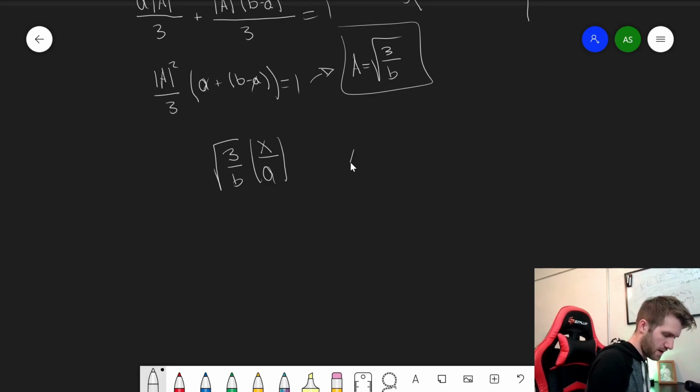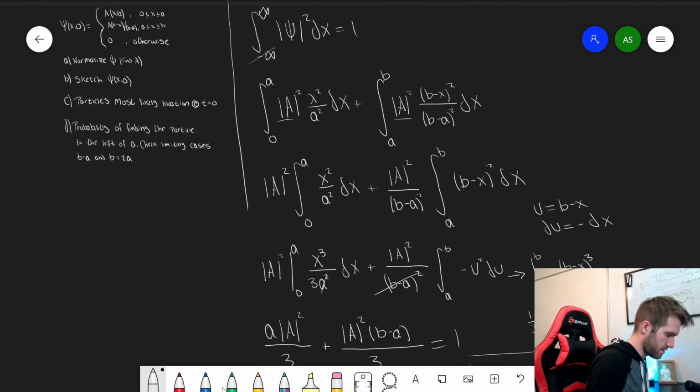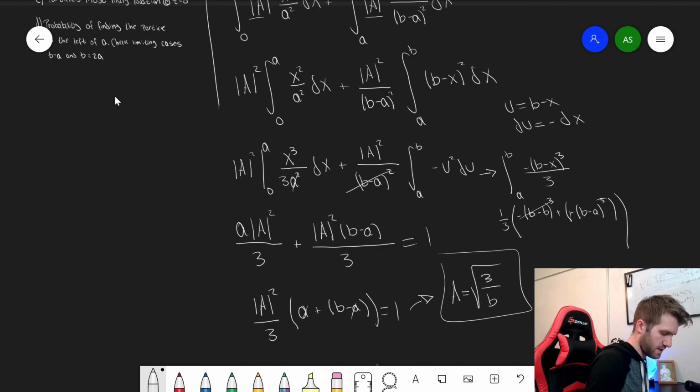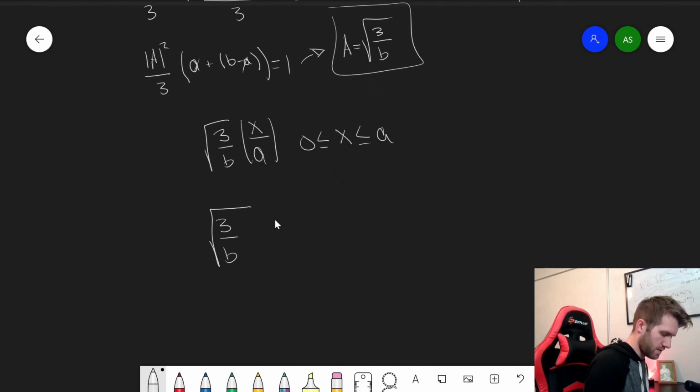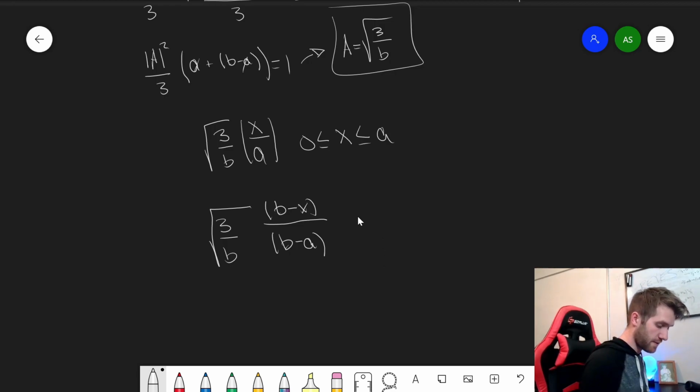And our first term is this, and then our second term is going to be 3 over b, and I believe that was b minus x over b minus a. So b minus x over b minus a, and this is from a to b.